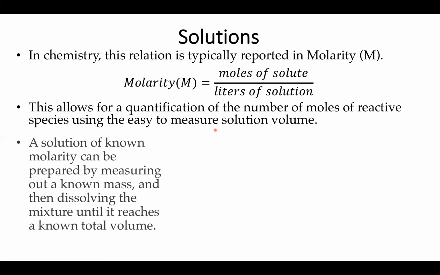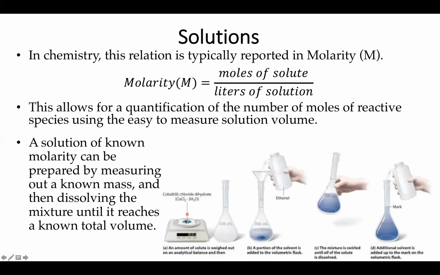So if I'm going to be trying to prepare a solution of known molarity, I need to do this by, first of all, measuring out a known mass of whatever I care about. Then I'm going to dissolve it in a little bit of whatever the solvent I care about is, until it's now a homogeneous solution. And then we dilute to the mark.